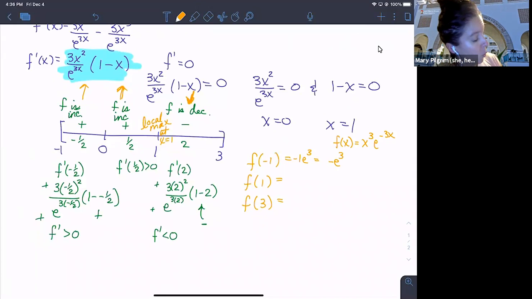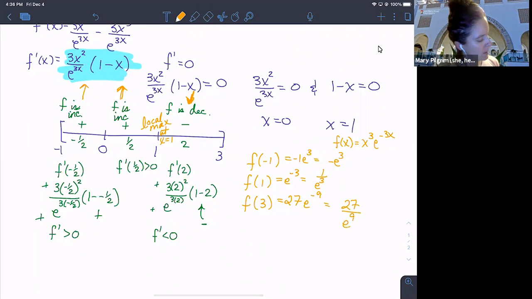If we plug in 1, 1 cubed is 1, and we're going to have e to the -3, or if we like, 1 over e cubed. And then if we plug in 3, we're going to have 3 cubed, which is 27, and then e to the -9, or 27 over e to the 9.